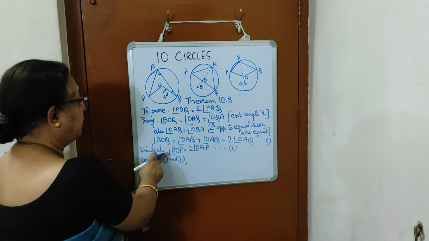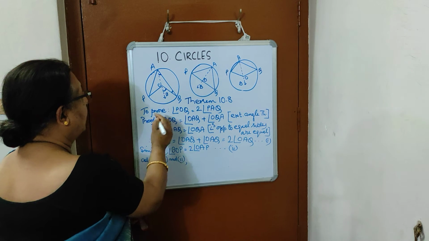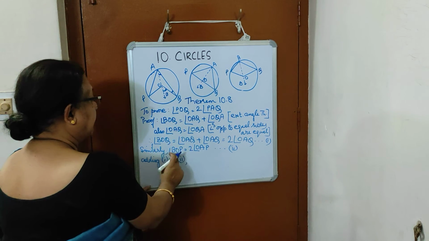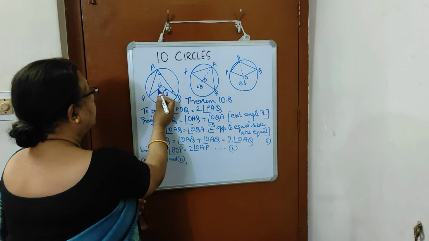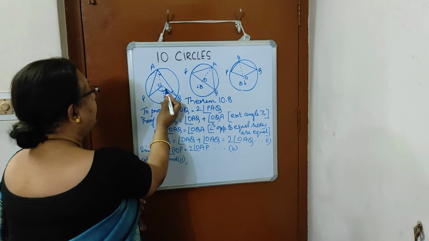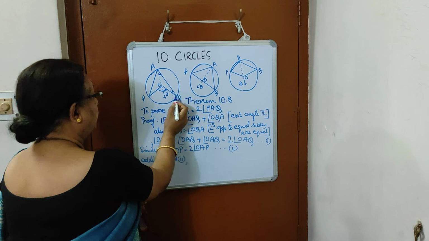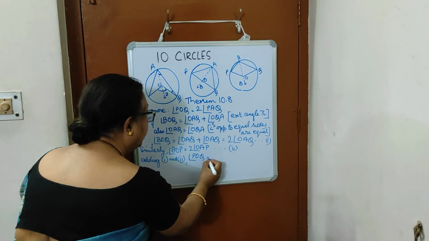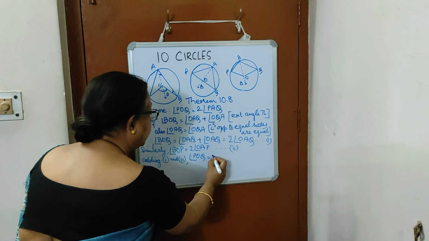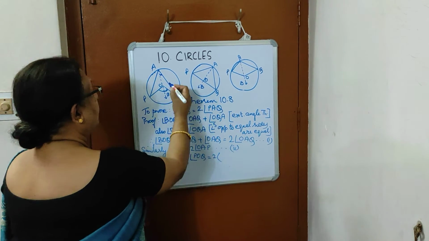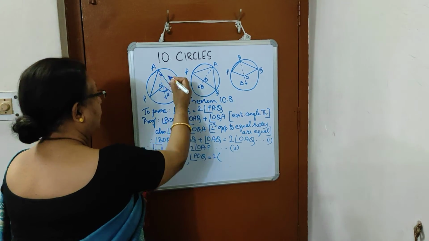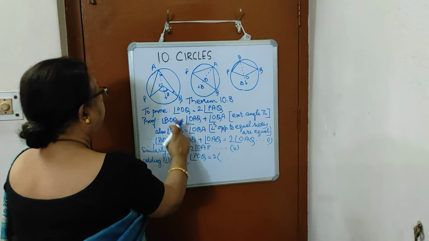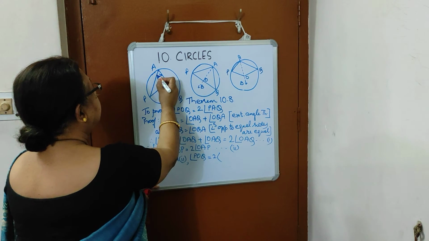Now adding 1 and 2, what do you have? Angle BOQ plus angle BOP, this one. So if you add the two, what do you get? This full angle is angle POQ, equal to twice, you can take out common, OAQ plus OAP. OAQ is this one and OAP is this angle.